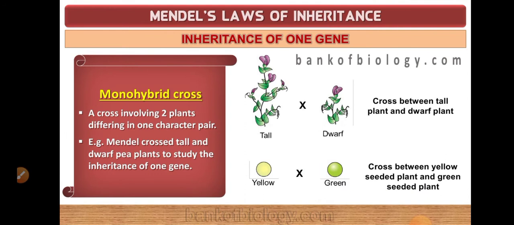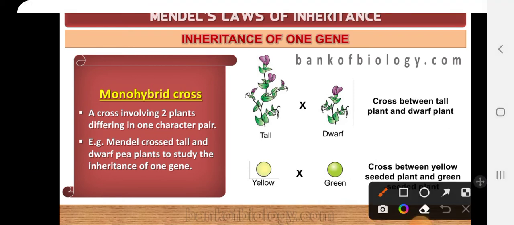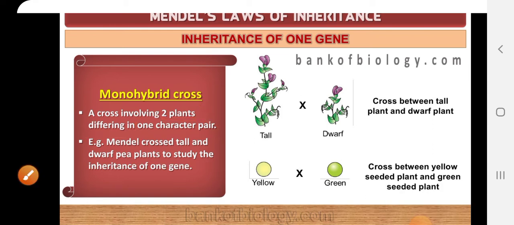A monohybrid cross means the cross involves only one character, when we study the inheritance of one character. As we are talking about a cross, two plants will be used as parents. So Mendel crossed tall and dwarf pea to study the inheritance of one gene. That is the monohybrid cross.